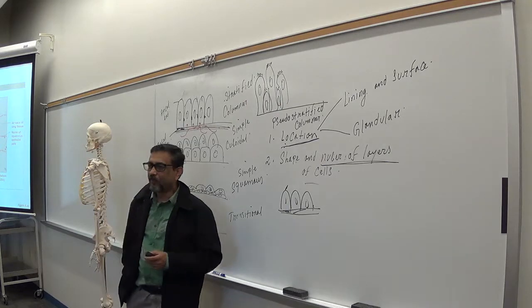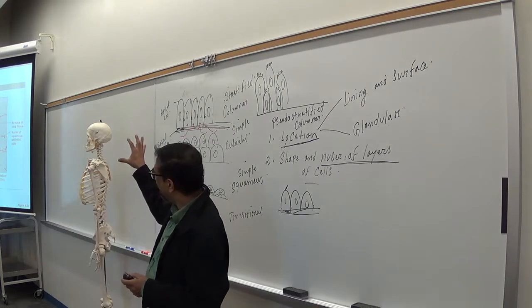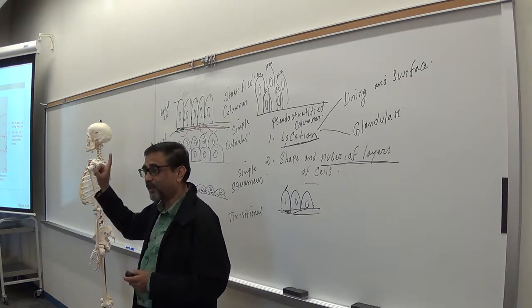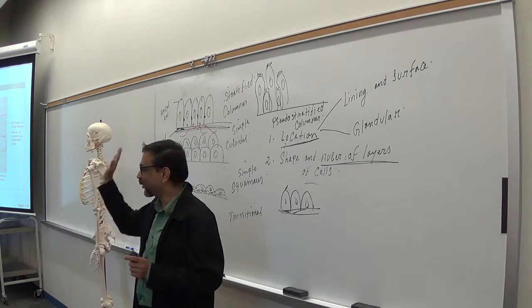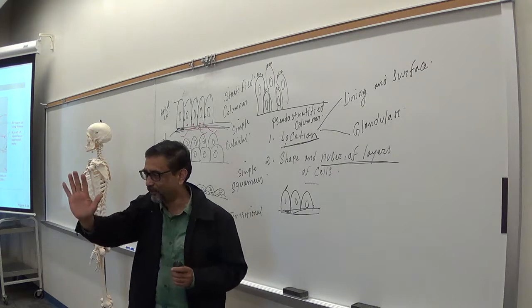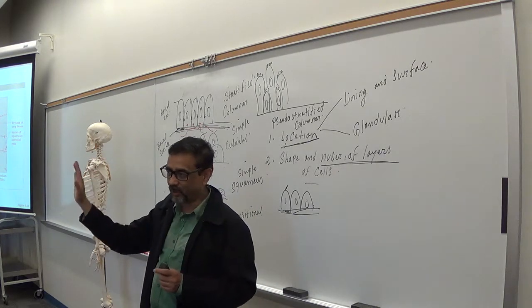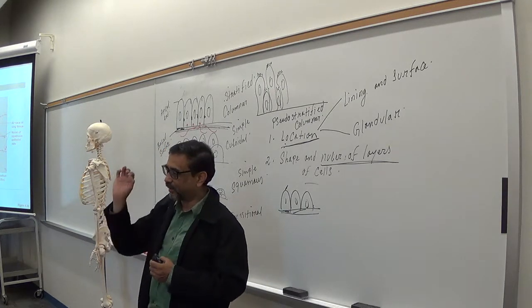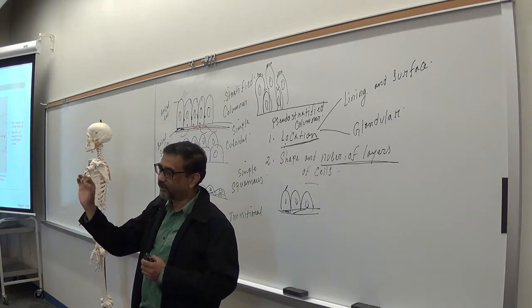You have seen these pictures in the lab part. Two things are important. One is how they look, which is important for your lab part. If I ask you what type of tissue this is, that is important particularly for the lab part. But the locations, I'll mention 2 or 3 locations for each type.